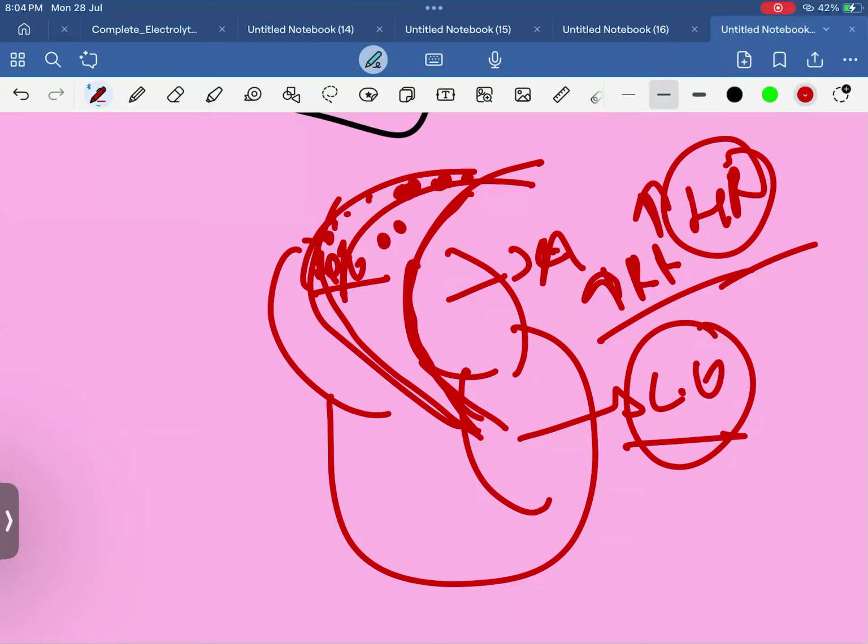So now there's something called tactile fremitus, where we keep our hand on the back of the chest of a patient, and I'm asking the patient to repeat 99, 99, 99.